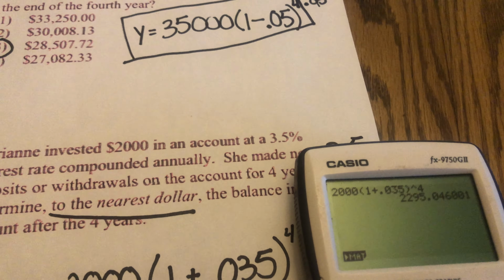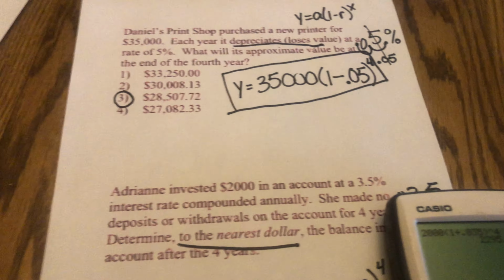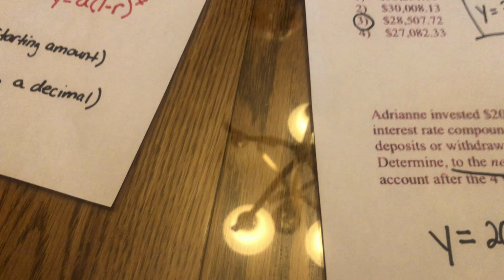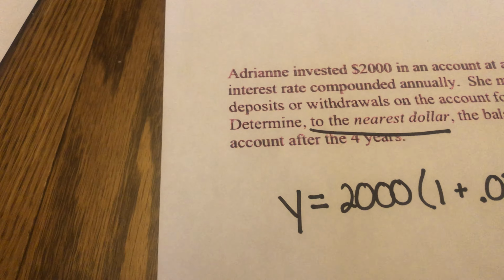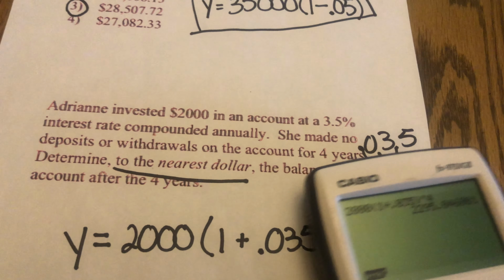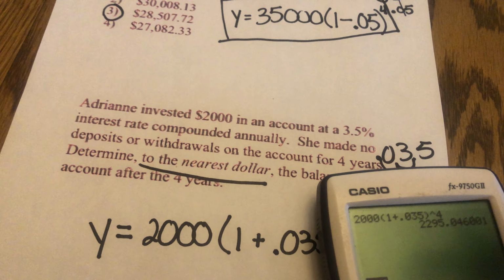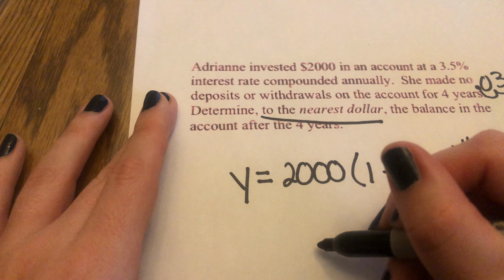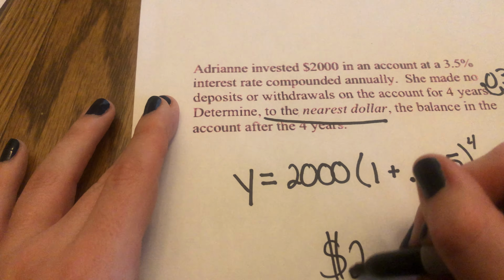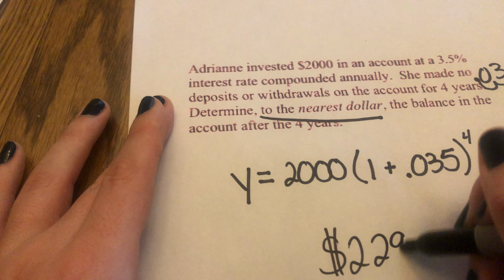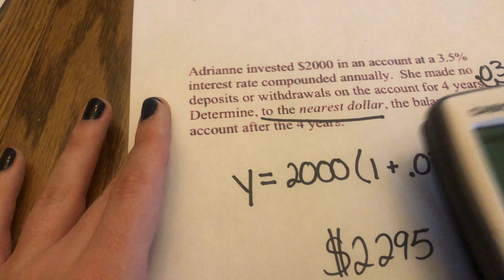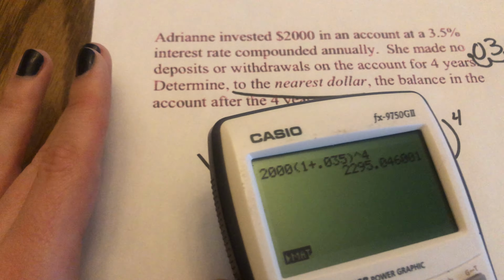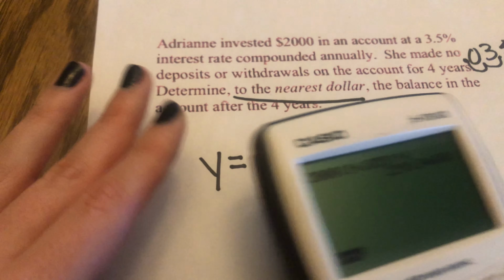We get 2,295.04, and so on. But it asks to the nearest dollar, so we're going to have to round it to the nearest whole number. So then our answer is going to be 2,295 with no decimals whatsoever, because it says to the nearest dollar.